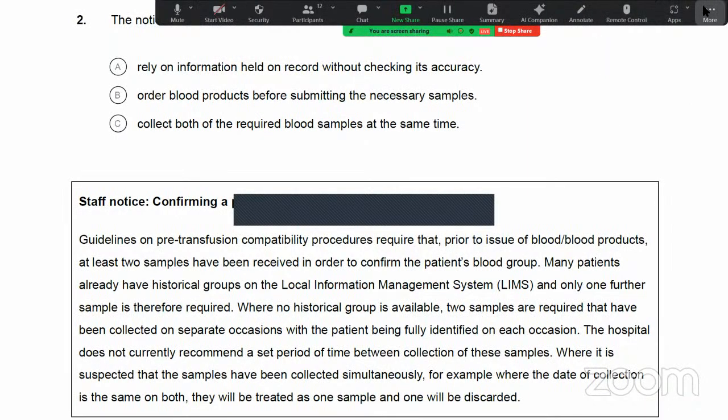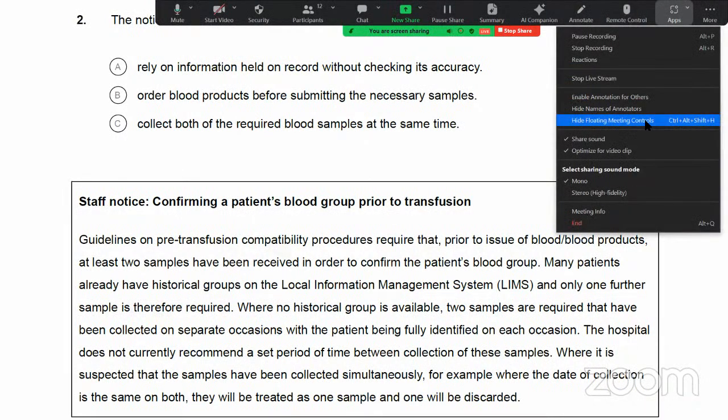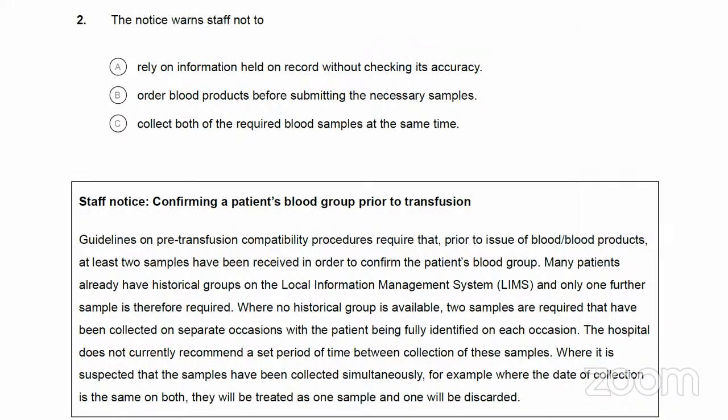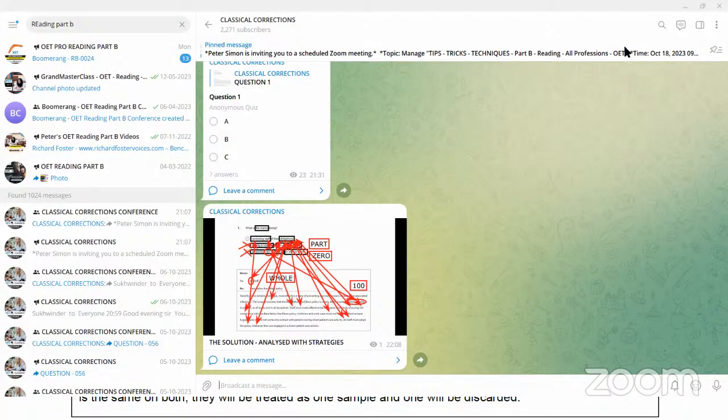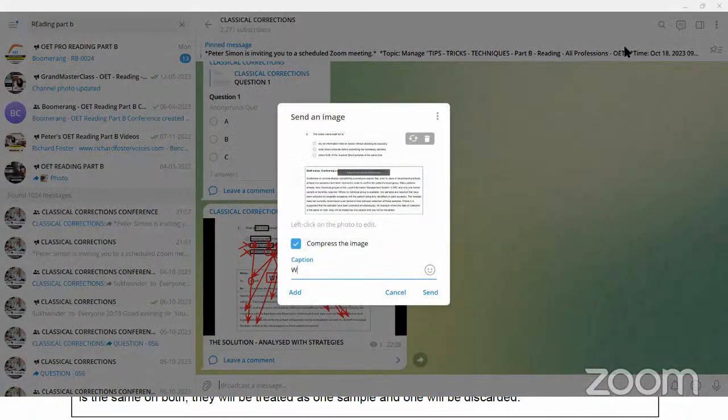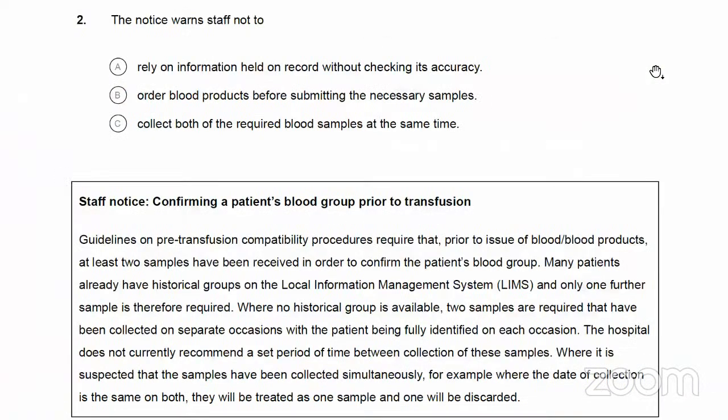I don't want to distract you, so I stop the video. Take 90 seconds. Don't write the answer. Do not write the answer until I tell you. Question number 2. 90 seconds.